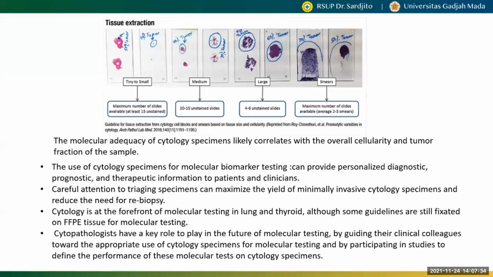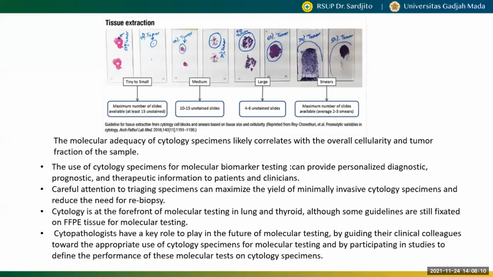And then it is also said that cytology is at the forefront of the molecular testing in the lung and thyroid, which is still fixated with FFPE, but in our center, we already use the cytology, but it is still also okay to use the FFPE, although some references say that the quality of the DNA or RNA is better from the cytology because of the absence of formalin fixation.